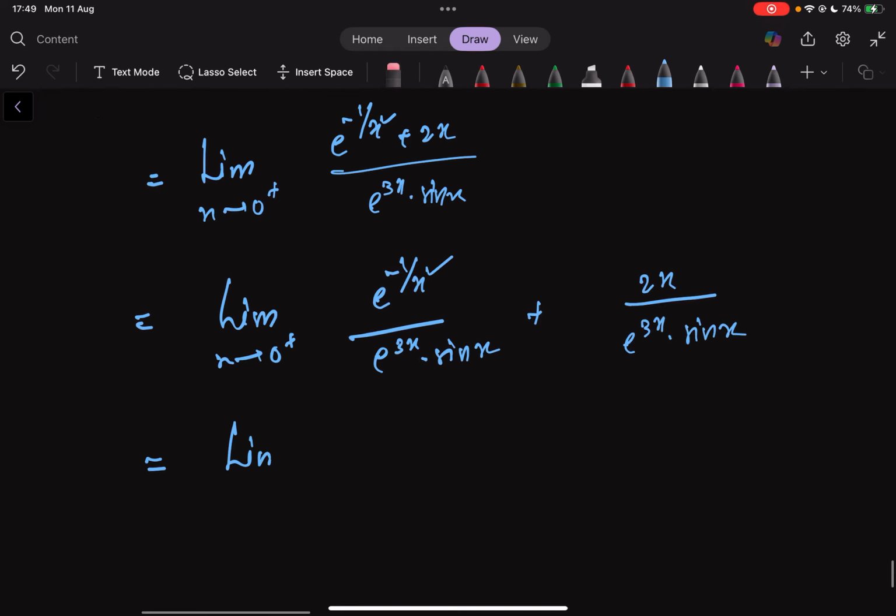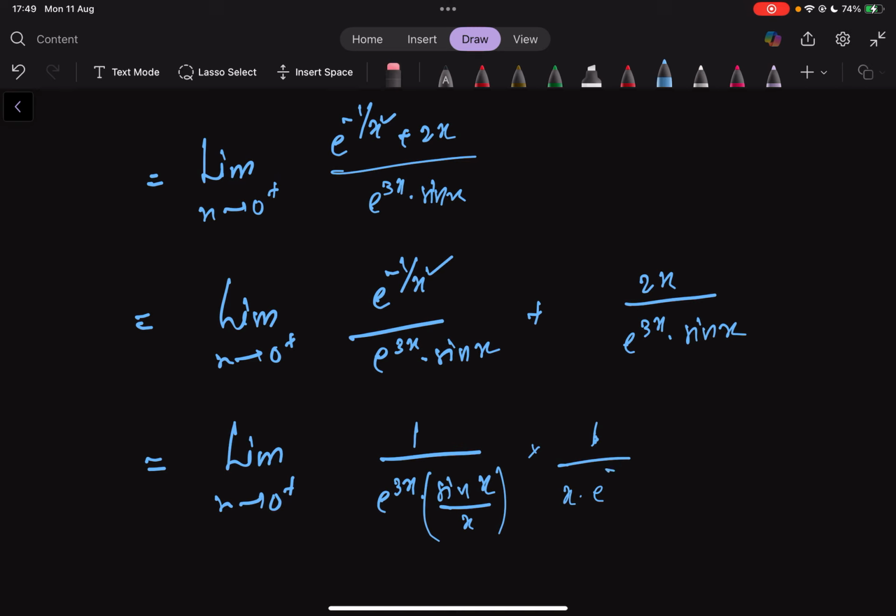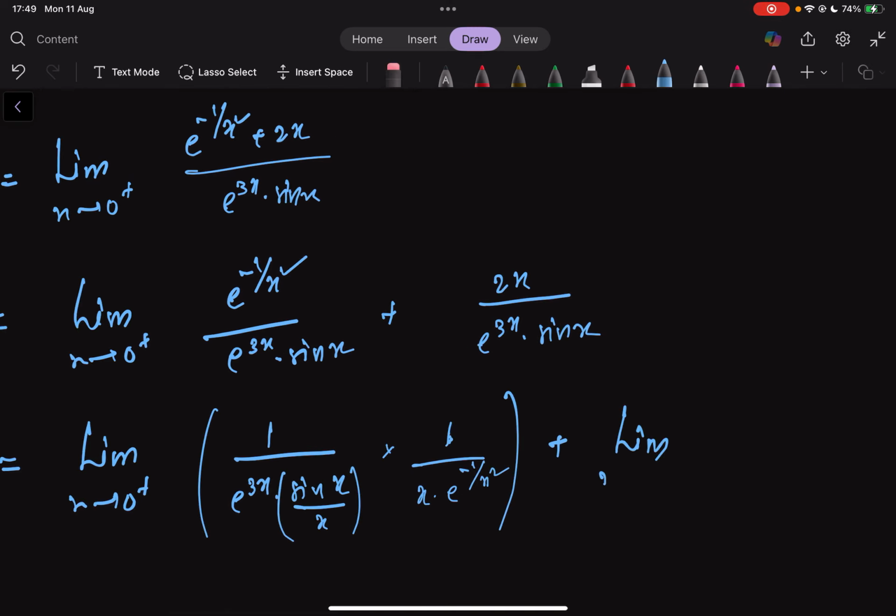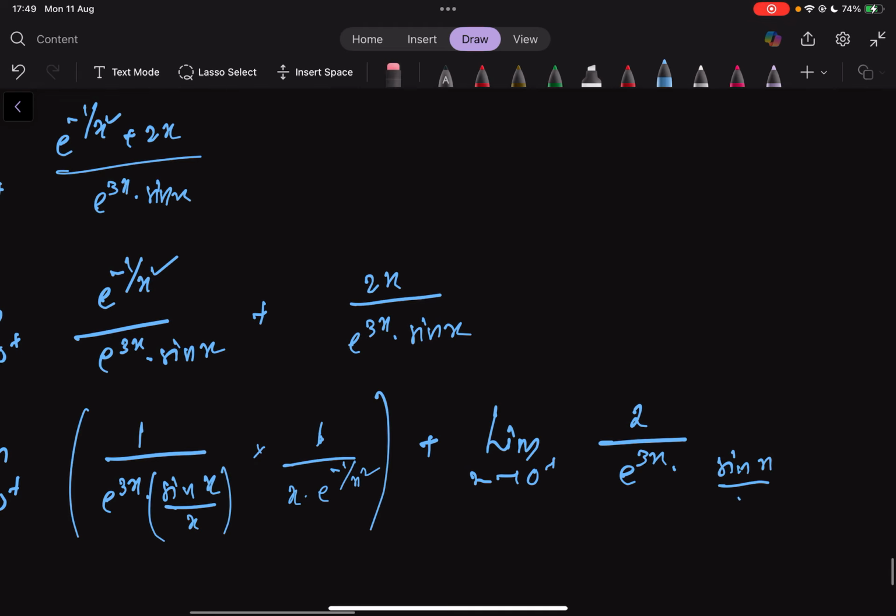So this I can write as the limit as x tends to 0 plus of 1 by e to the power 3x into sin x by x into 1 by x into e to the power minus 1 by x square, plus the same limit of 2 by e to the power 3x into sin x by x.